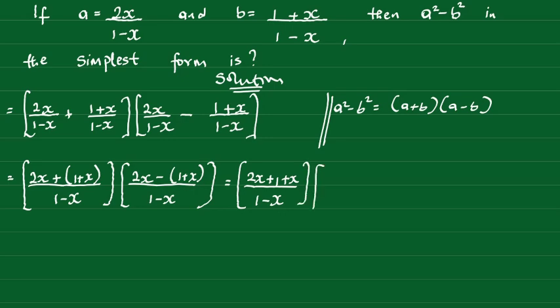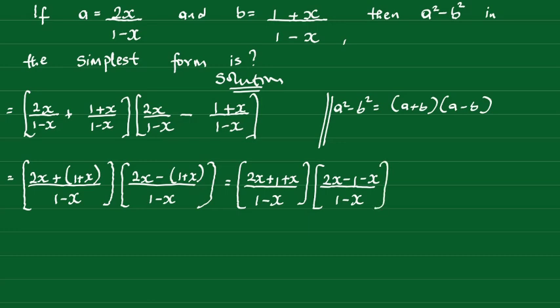We open our other bracket. Write down our LCM 1 minus x, we have 2x. Then minus times 1, we have minus 1. Minus times plus x, we have minus x, bracket close.